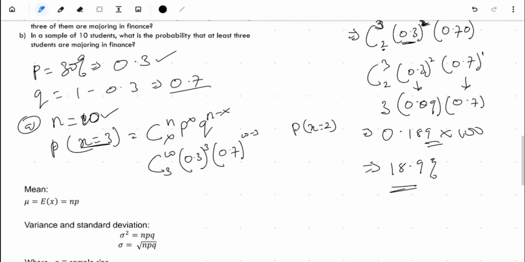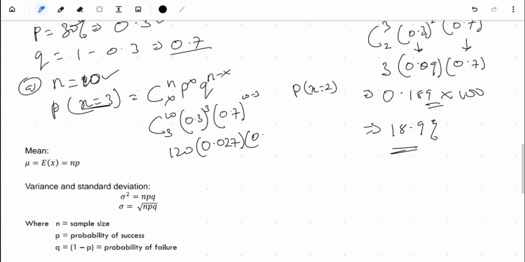So the combination of 10 and 3 is 120. So we multiply everything here.